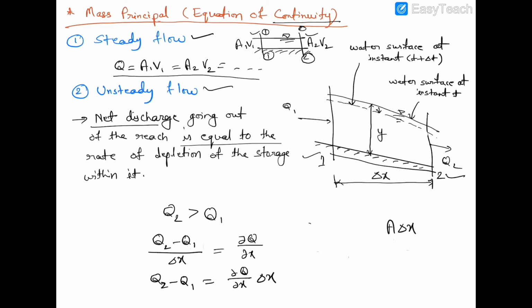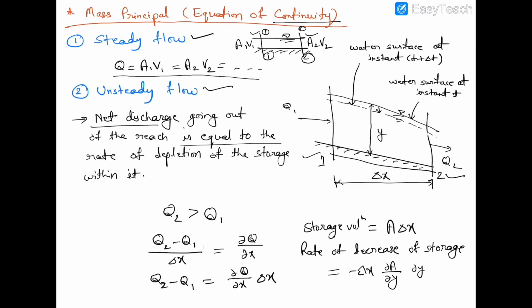This is the storage volume. Now the rate of decrease of storage is equal to minus delta x dou A upon dou y upon dou t.